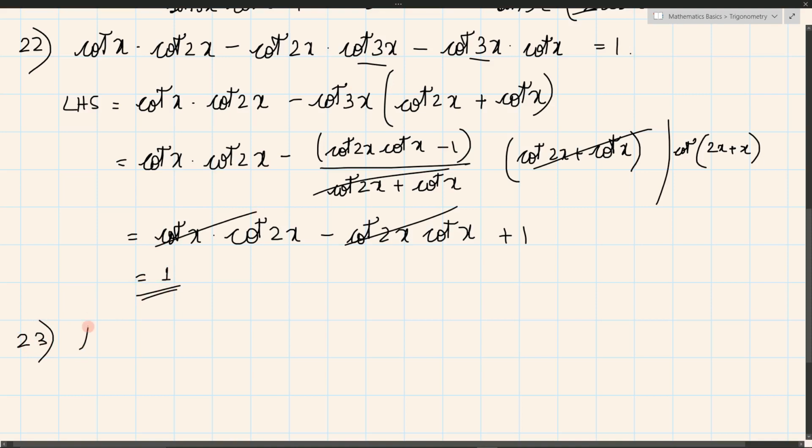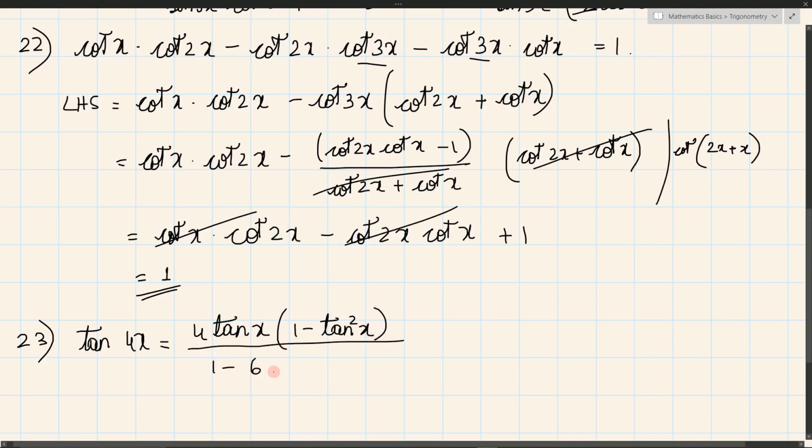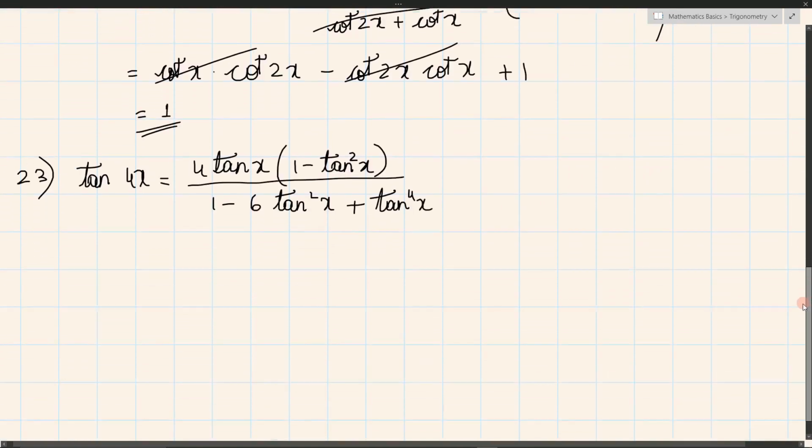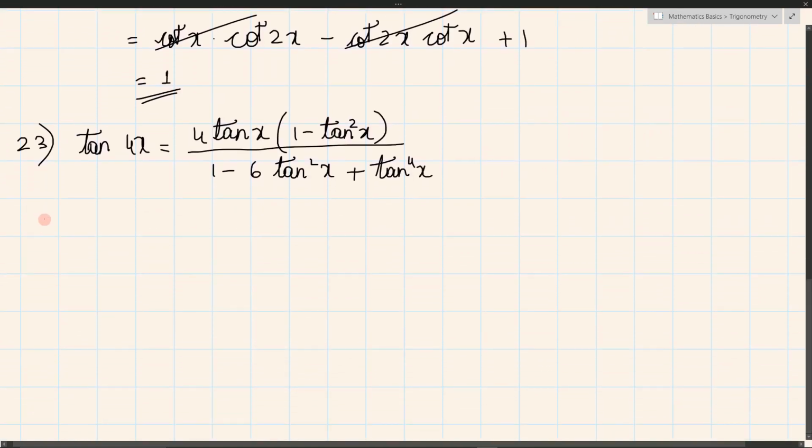Question 23. I have tan of 4x is given by 4 tan x into 1 minus tan square x whole divided by 1 minus 6 tan square x plus tan to the power 4x, right? So I'll consider the LHS.